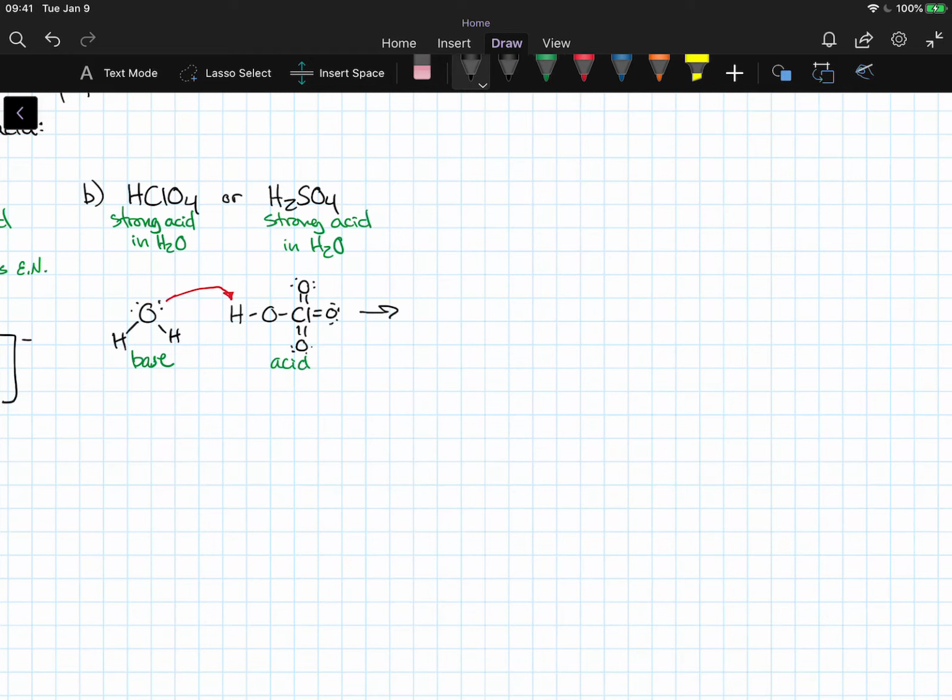What we end up with is a protonated water molecule, so hydronium, H3O+, and we end up with the deprotonated perchloric acid, which is called the perchlorate ion.